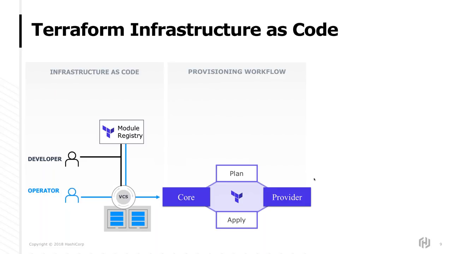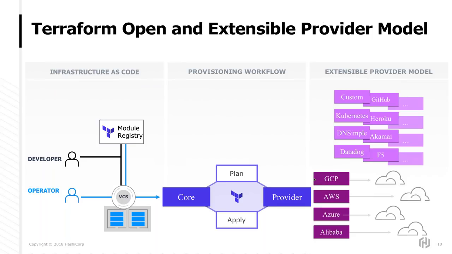Additionally, you can be storing your Terraform code in a version control system, like GitHub or Bitbucket, and be benefiting from that as well. And then what we add in here is the extensible provider model that I mentioned earlier. So we have providers for the major clouds, but we also have many other providers for things like Kubernetes and a lot of other things, applications, different kinds of monitoring agents.